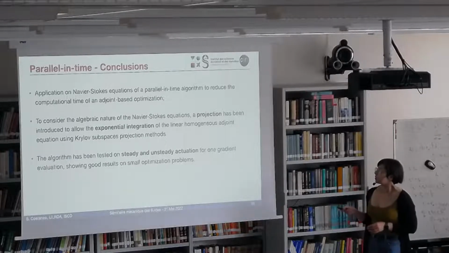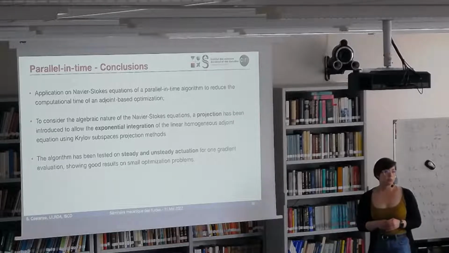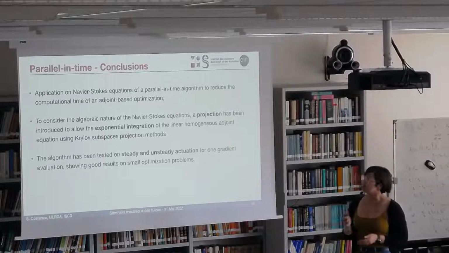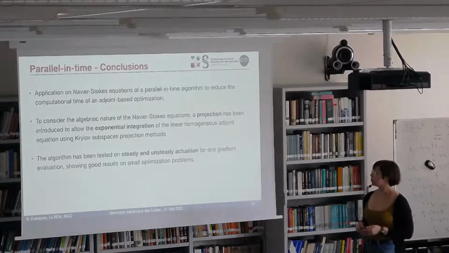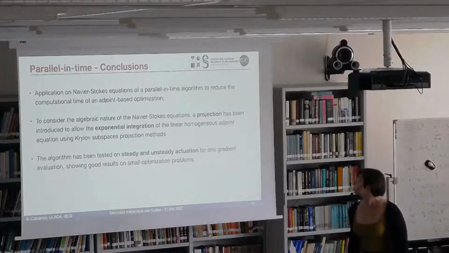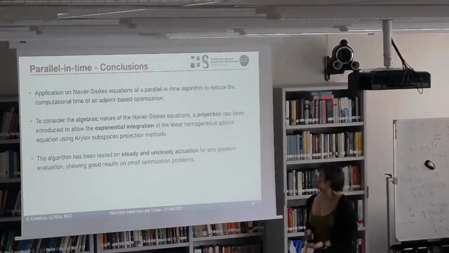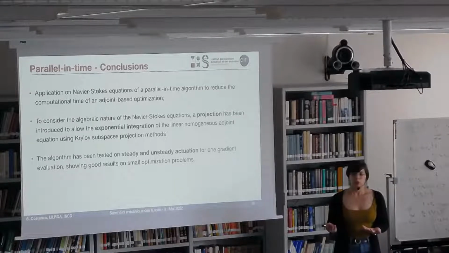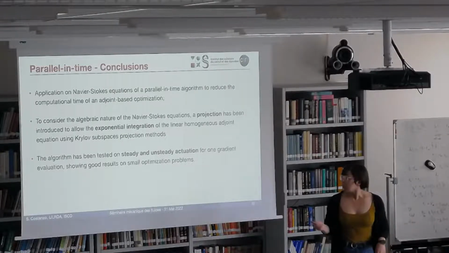And then we used Krylov subspace to perform the exponential integrator. And we proved this algorithm on both steady and unsteady problems, showing good results even if we're working with this small optimization problem. So now we were able to reduce the computational time, still maintaining a high computational cost because we are using more cores.